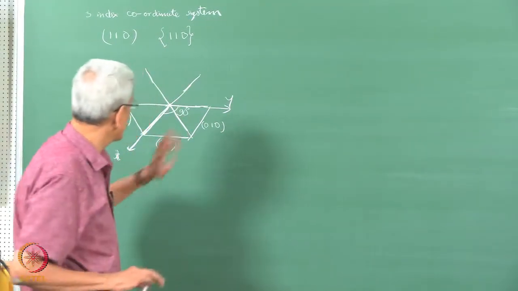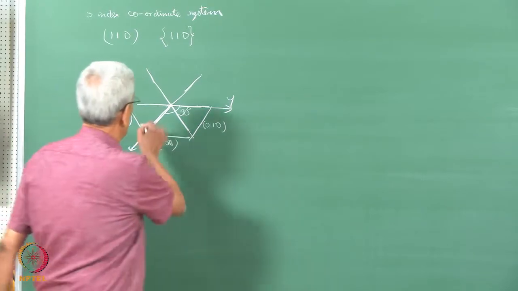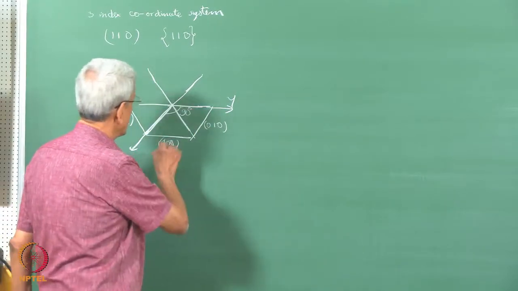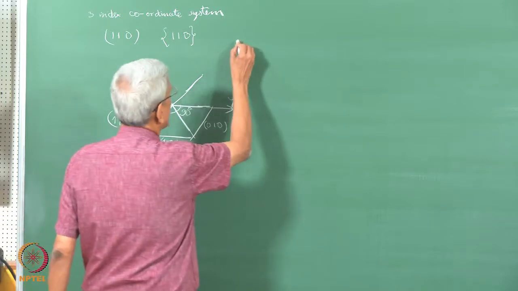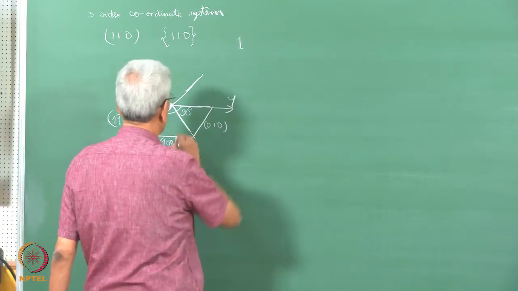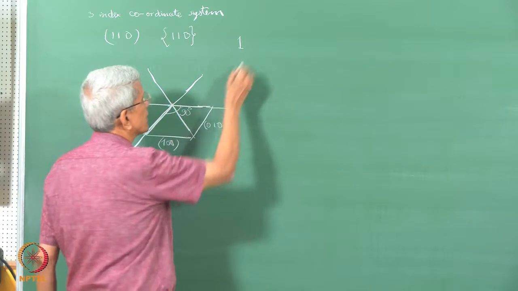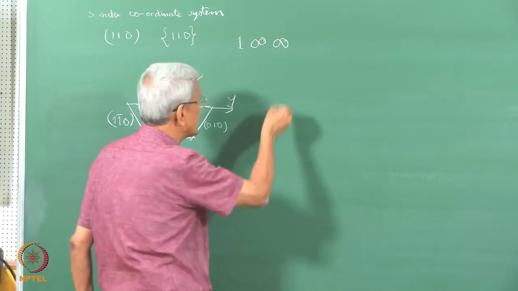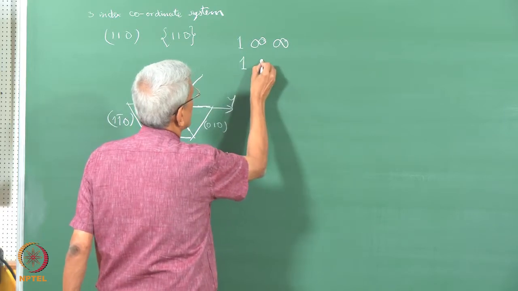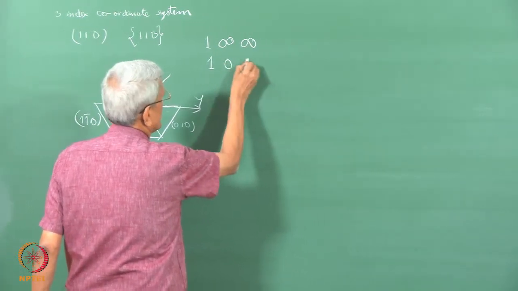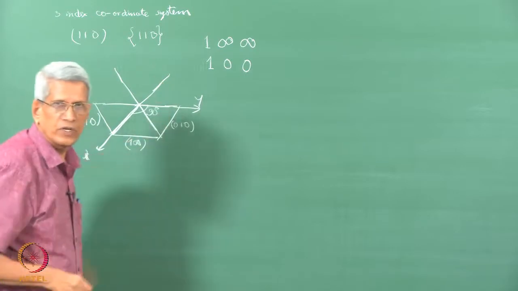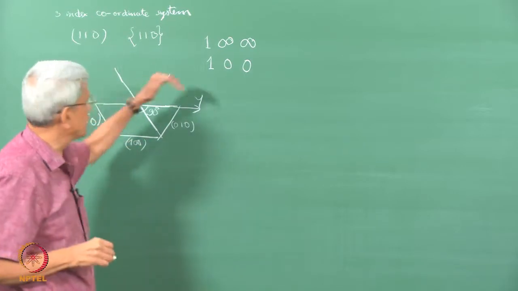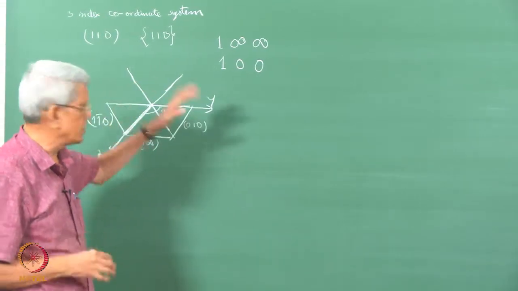For example, if we take the 100 plane in the 3-index system, along the x axis the intercept is 1, and along the y axis the intercept it makes is infinity. So this will turn out to be 100 if we take the inverse of it. I am taking it with an example because that is the easiest way to understand.